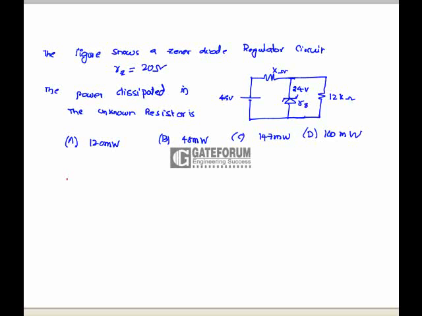The figure shows a Zener diode regulator circuit whose Zener voltage is 24 volts and Zener resistance is 20 ohms. The power dissipated in the unknown resistor is? Here the power dissipated in the unknown resistor is the current through the resistor times the voltage across the resistor. Voltage across the resistor Vx is 45 minus 24, which is equal to 21 volts. Current through the resistor is the current through the Zener diode plus the current through the load resistor.